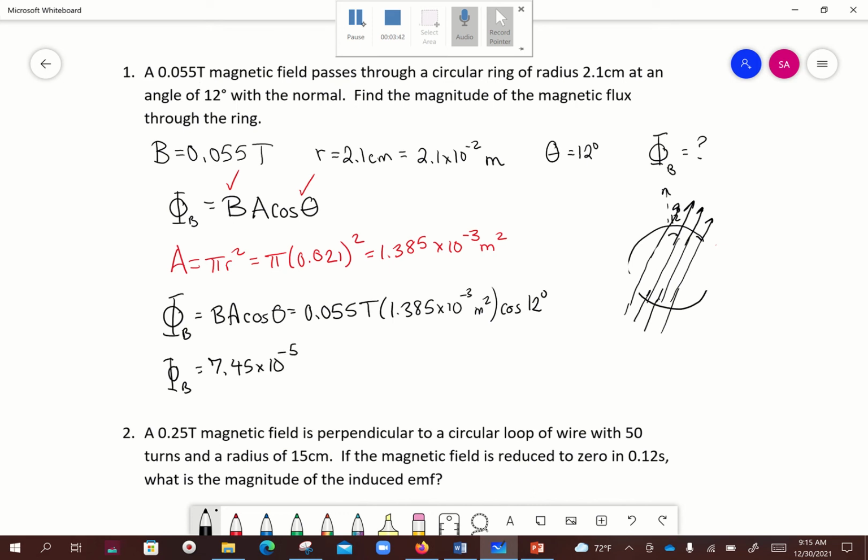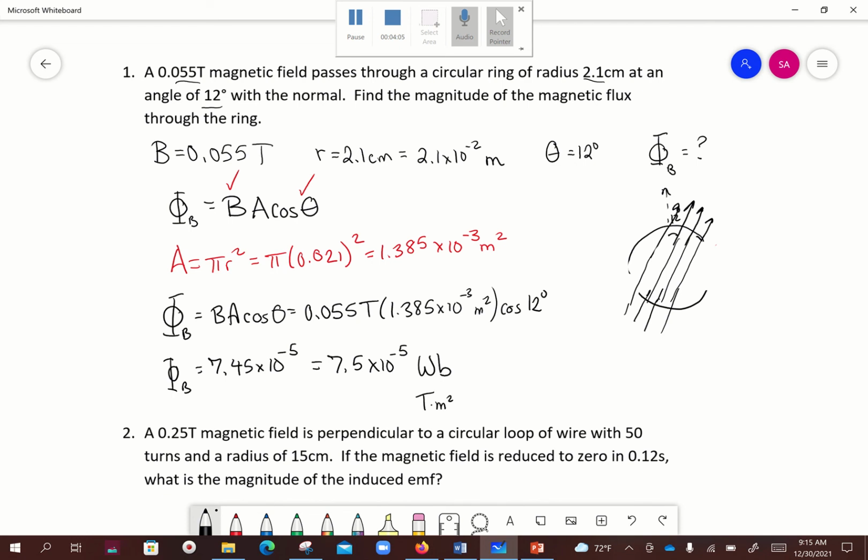And let's see, I've got two significant figures in all those numbers there, so I have to round that to 7.5 times 10 to the minus 5. And the units are Teslas times meters squared, which is a Weber, capital W, small b. I would also accept the units of Tesla meters squared.